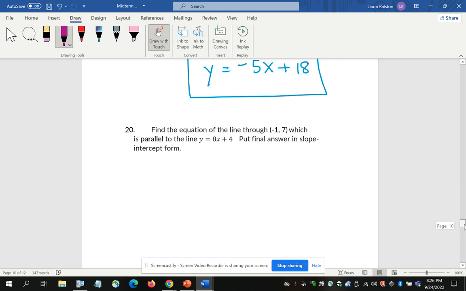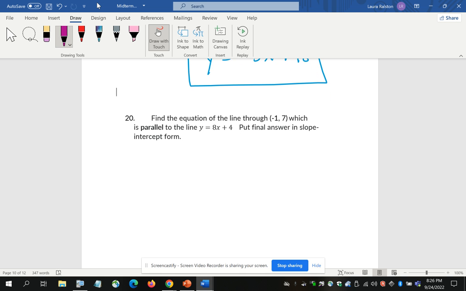Okay, so parallel. So again, I have my point, which is (x1, y1). The slope of the line that I'm given is 8. To be parallel, we have the same slope. So the slope of the line I'm going to create is also going to be 8.